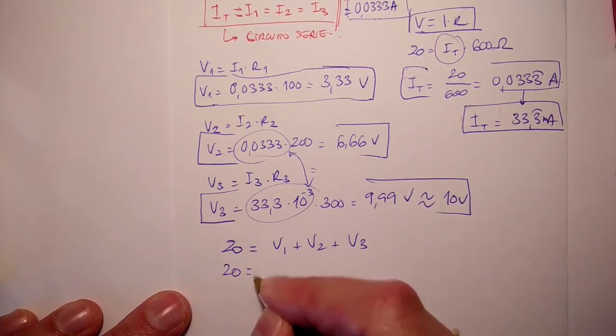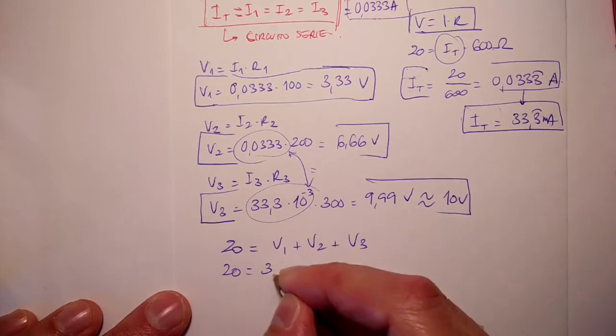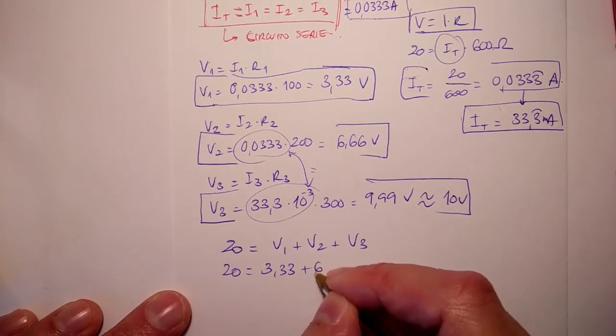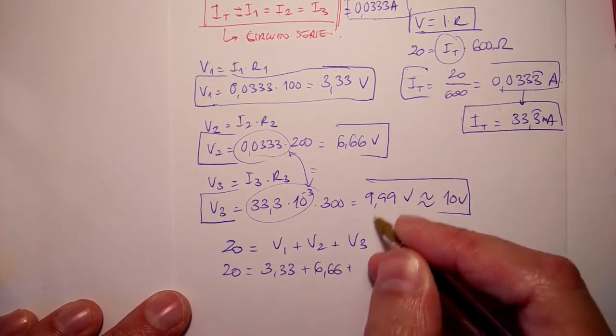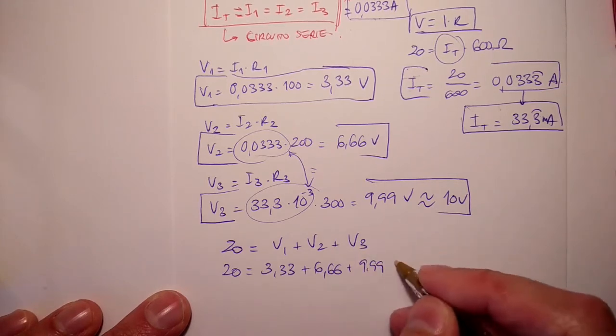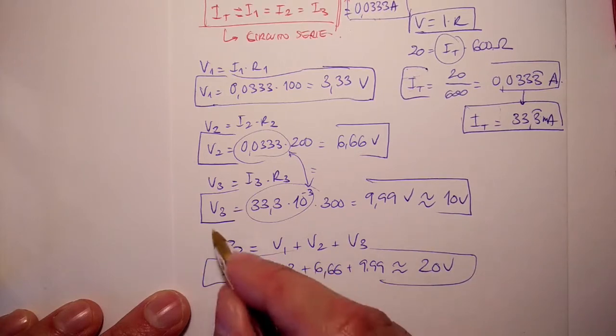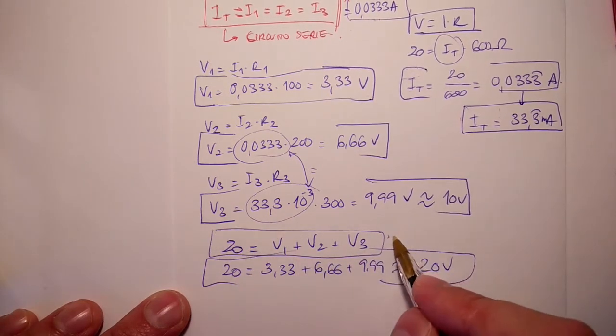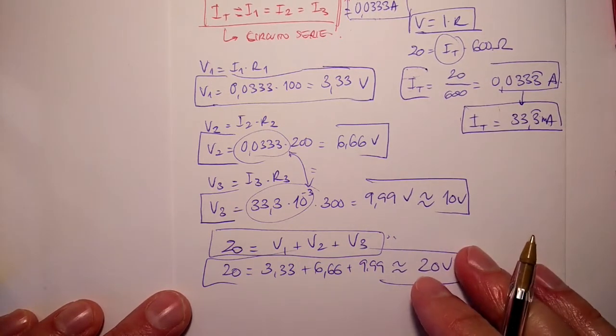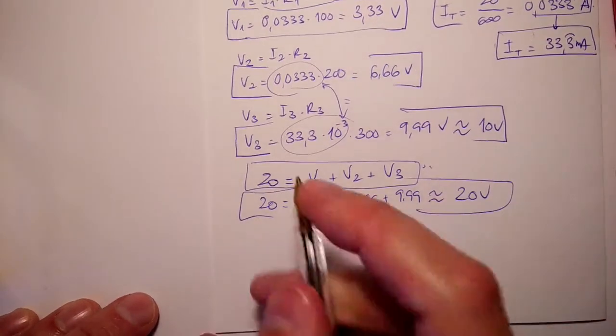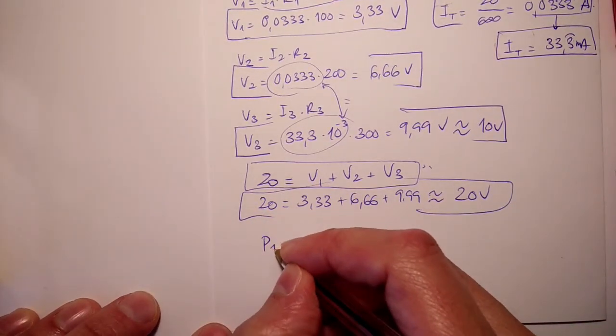This is what we are going to check. So V1 is 3.33 plus V2, 6.66 plus V3, 9.99. In total, this should be equal to 20 volts. And this only happens in series circuits, not in the other kinds of circuits.